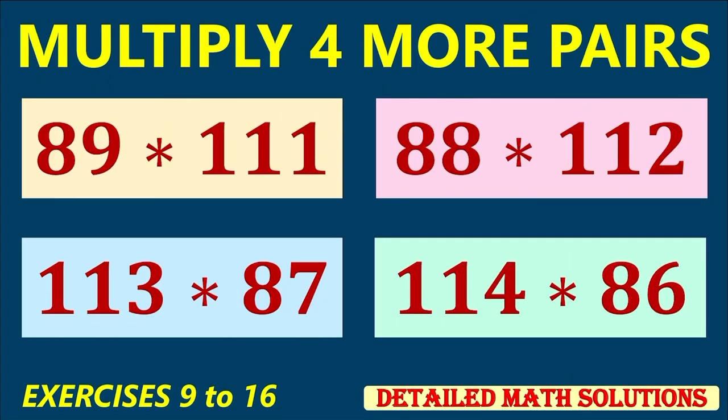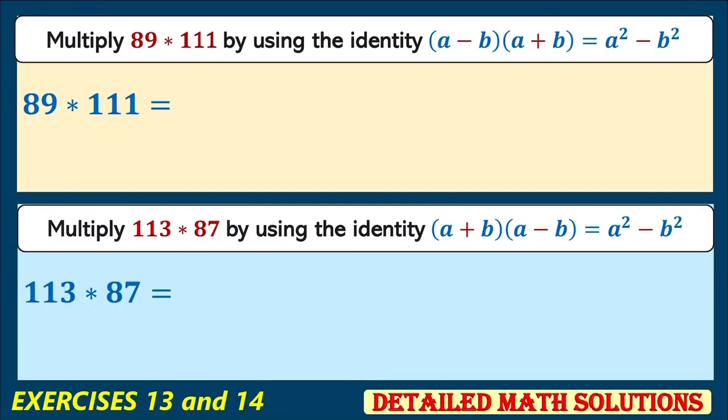Next, I'm going to multiply 4 more pairs of numbers displayed on the screen. Multiply 89 and 111 by using the identity (a minus b) multiplied by (a plus b) equals a squared minus b squared. Similar to the previous exercises, I'm going to write the number 89 as the difference of two numbers, and the number 111 as the sum of the same two numbers.